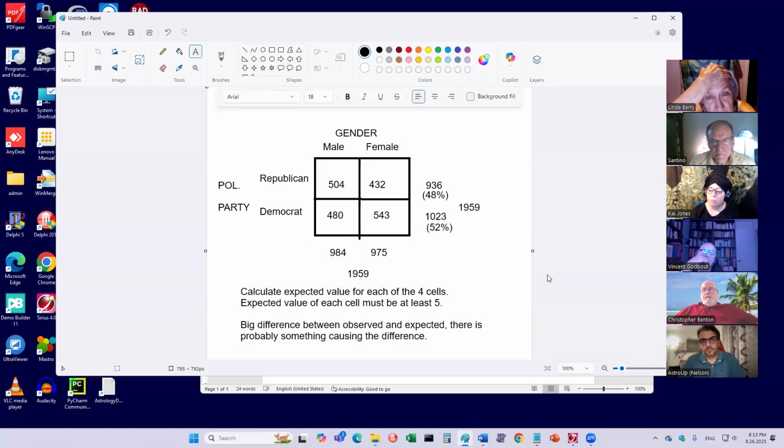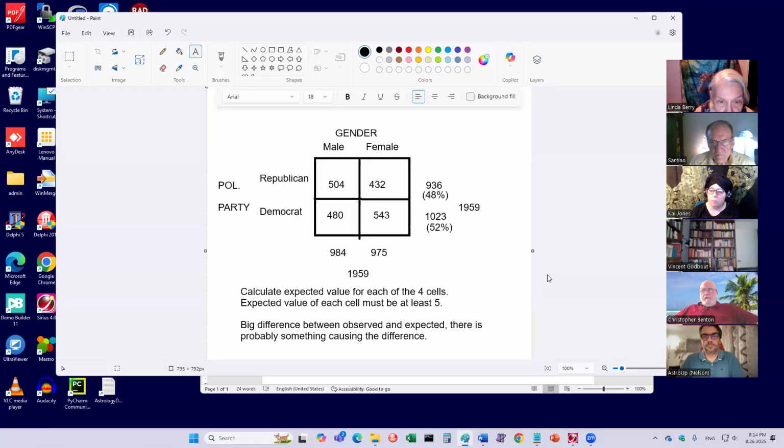And the result is supposed to be distributed according to a chi-square distribution, which looks like this. It's not symmetrical. It goes up and has a long tail going out. And like I said, if the difference between observed and expected is too large, then your calculation for chi-square winds up way over to the right in that tail section, and you get something significant.